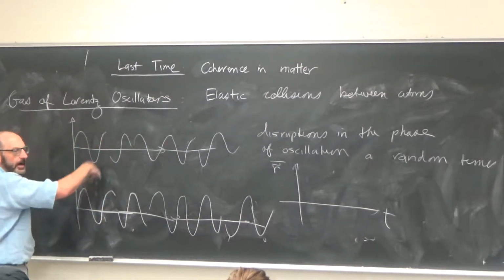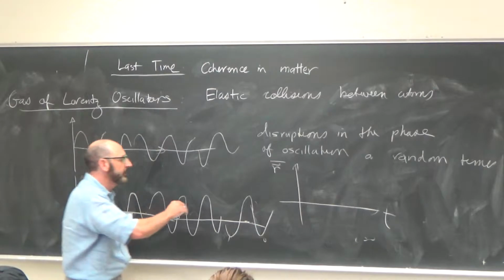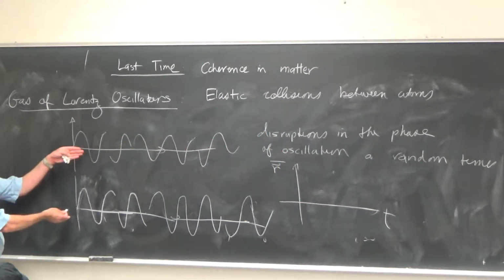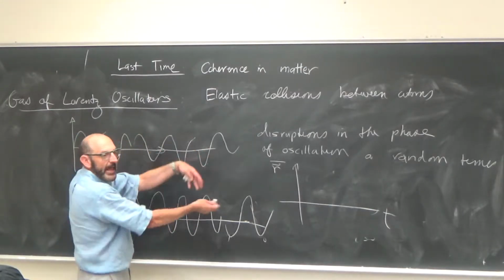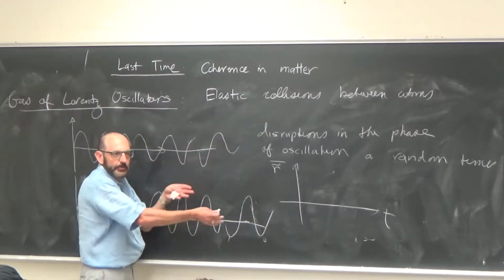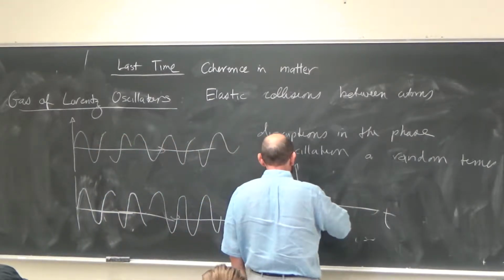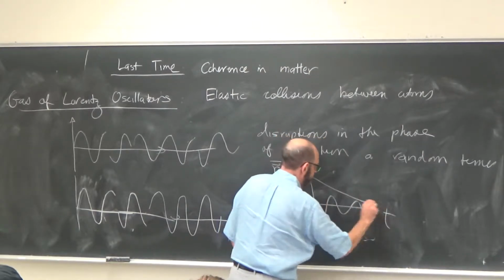Well, for times short compared to the average time between collisions, most of these guys will be in phase. But then, after a long time, there's a kind of randomness of what phase is relative to the other. So what I expect to see in this situation is damped oscillations.